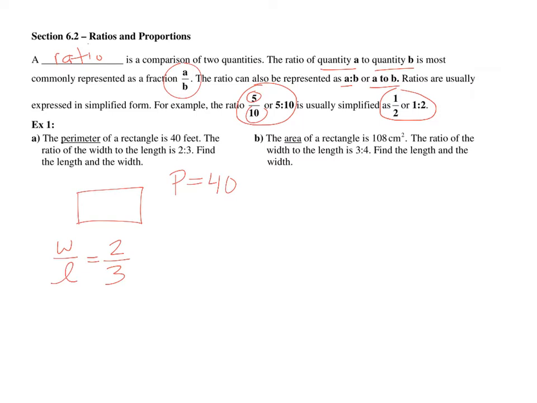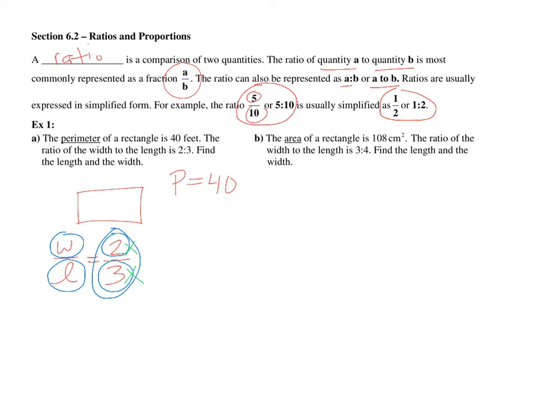Now, the important thing to understand here is that the width is not 2 and the length is not 3. Whatever the width and the length are, when you find the ratio of them, it reduces to 2/3. So there's some number x, 2x and 3x. I'm using x for both because that's their common divisor, some value x.